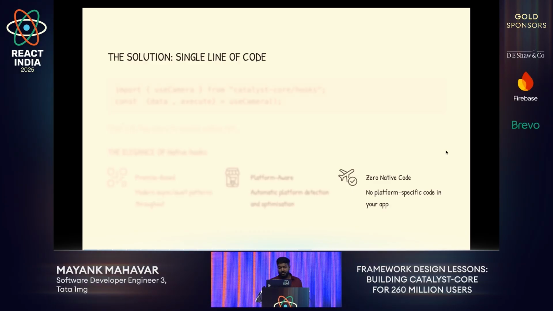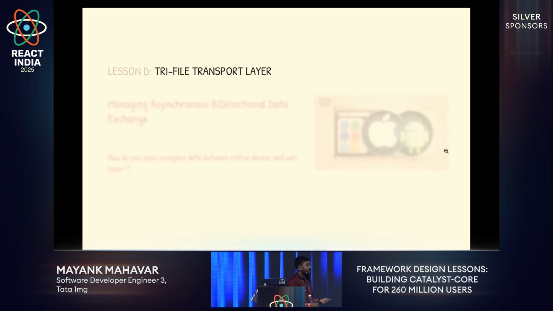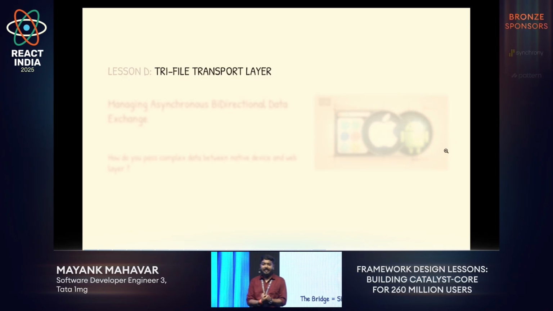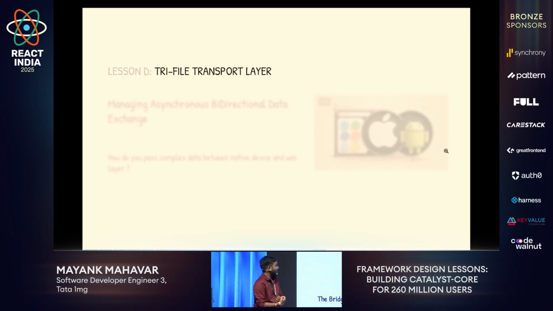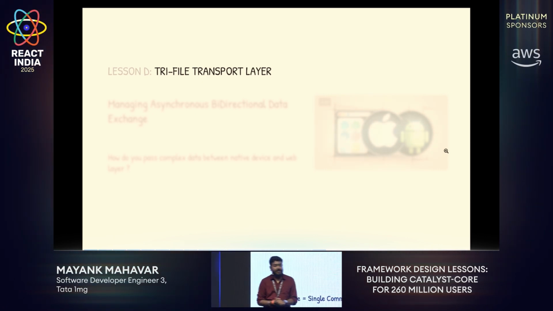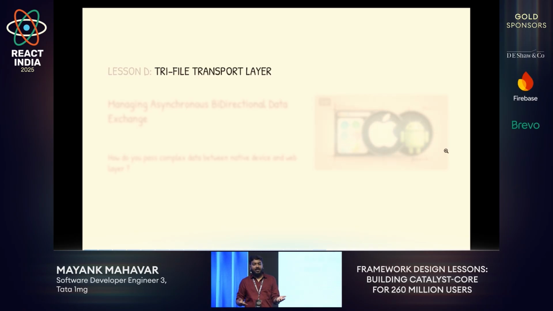So now you must be thinking, yeah, I have figured out most of it, right? I'm running a web browser inside the native part of it, and I'm able to cache the whole thing, and now I have figured out the native API as well, right? So what is left? I've done it all, right?